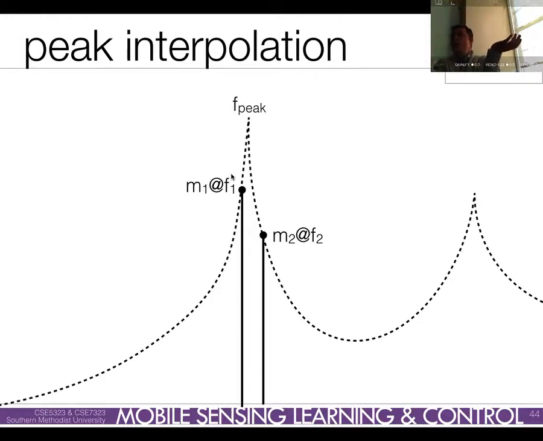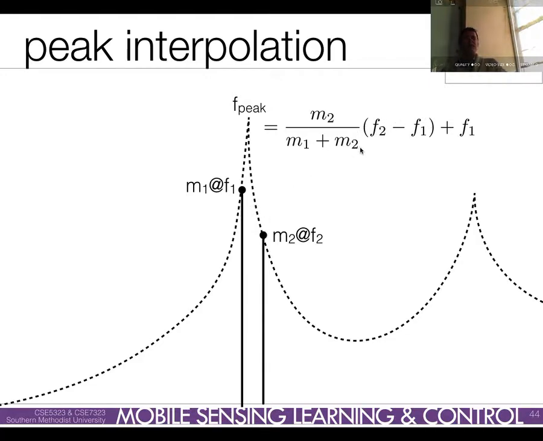We could just do a linear interpolation between them, right? When I say that, we just assume that they're on a line here. What that means is it's going to look like this. I'm going to have the magnitude of this second one over the sum of the two magnitudes, right? And I'm going to multiply that by the difference between these two frequencies.